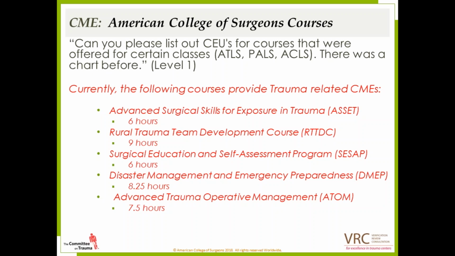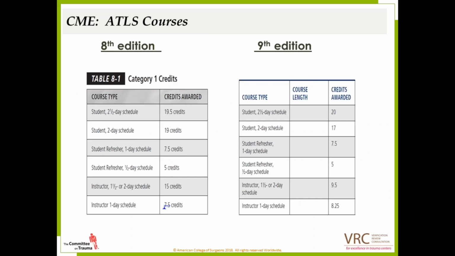So again, this is just a quick snapshot of what the ACS college courses offer, and this will definitely increase over time. I do not have the ATLS 10 yet on here, but that will be forthcoming. The 10th edition, I'll have that when I have that information from the ATLS team.